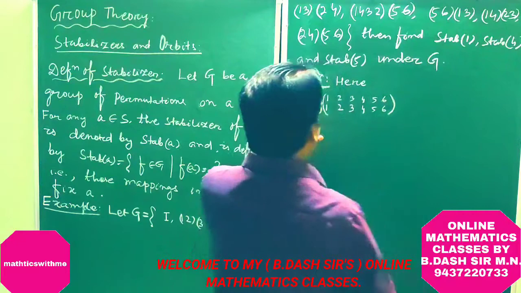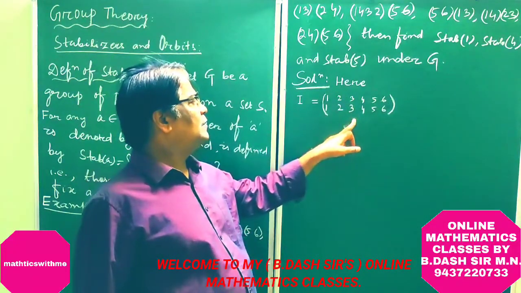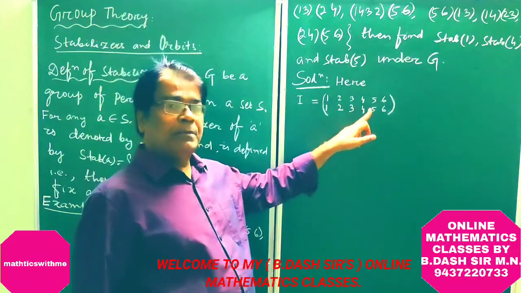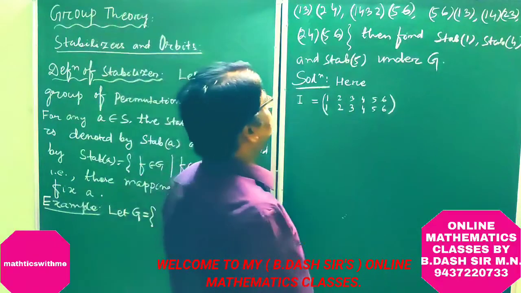Here 1 related to 1, 2 related to 2, 3 related to 3, 4 related to 4, 5 related to 5 and 6 related to 6.